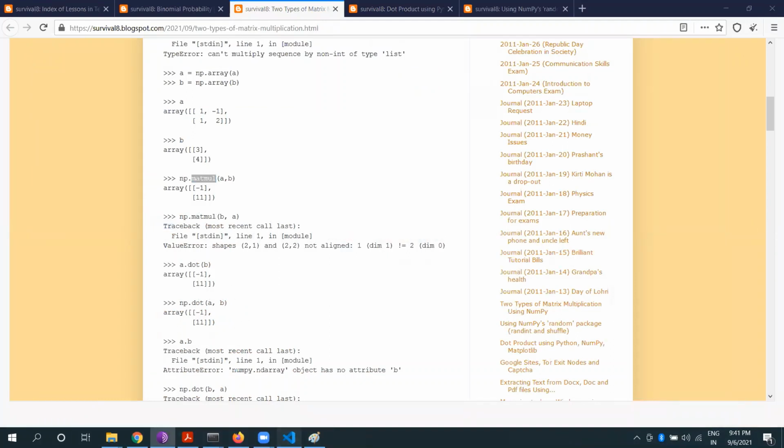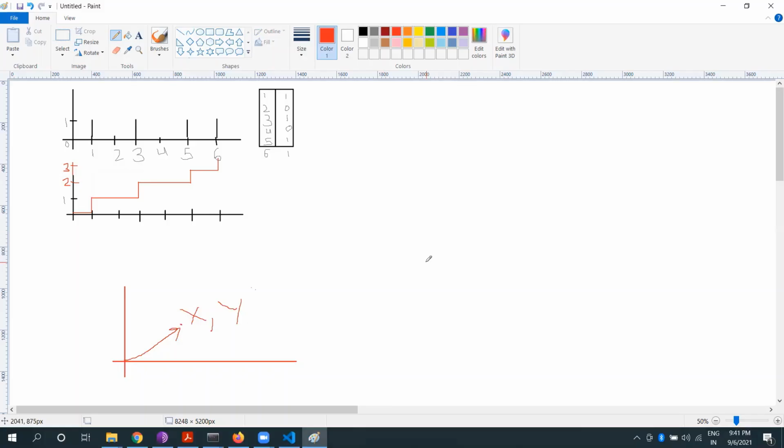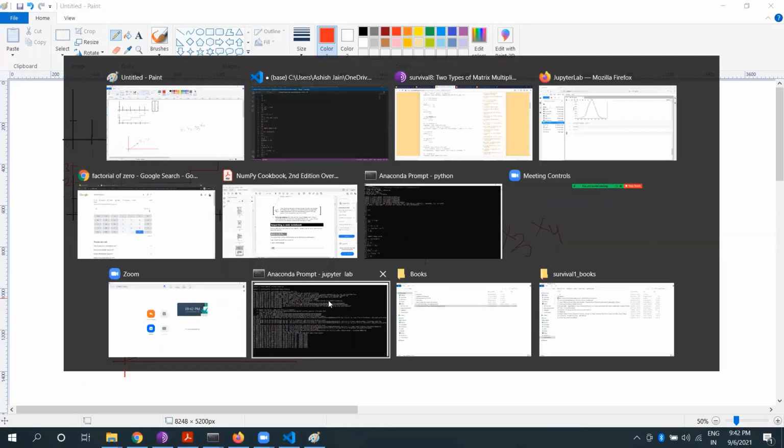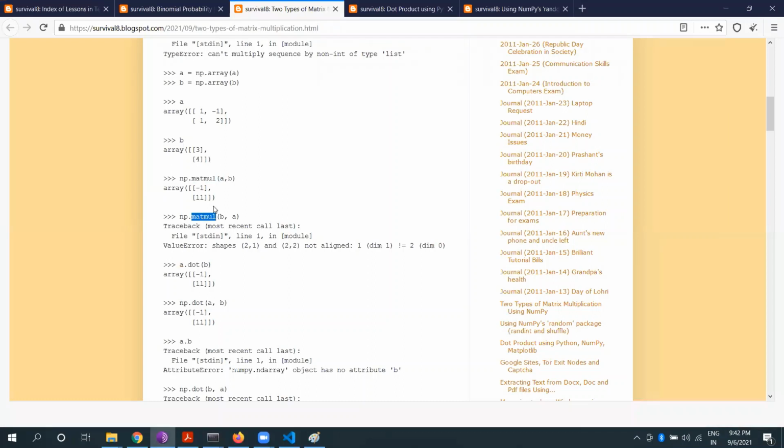But if it's a vector, it would always be like x1, x2, x3, and x4. This is what you are saying, right? Yes, multiple elements, just y would be 1. So over here, if we have matrices and we want to do matrix multiplication, we would call matmul.